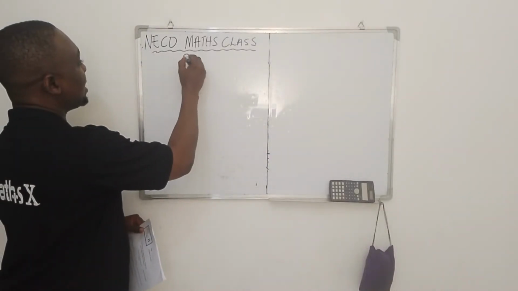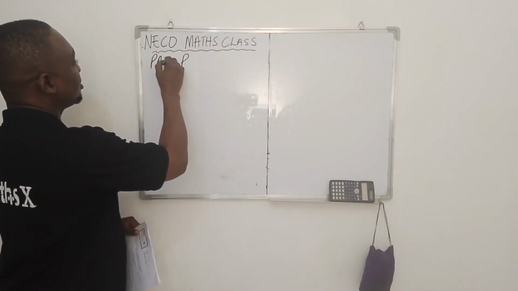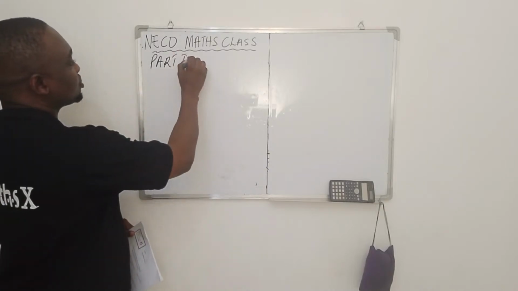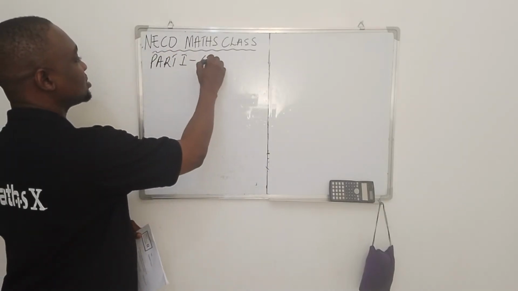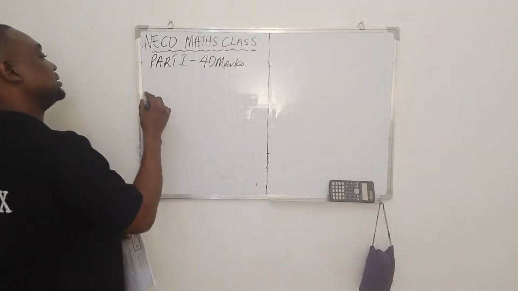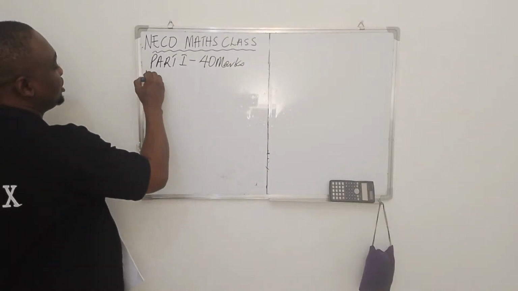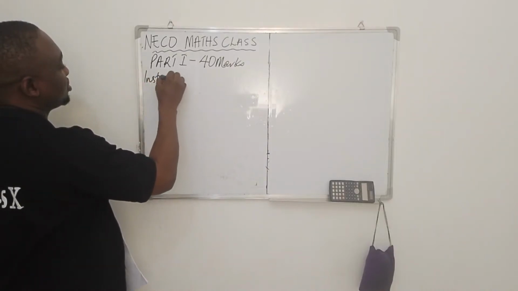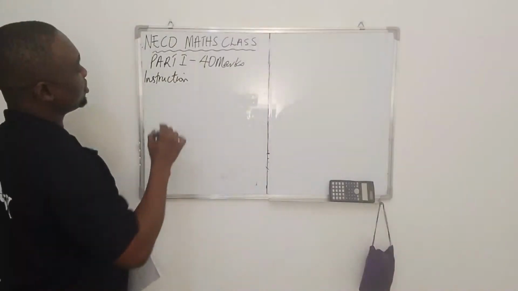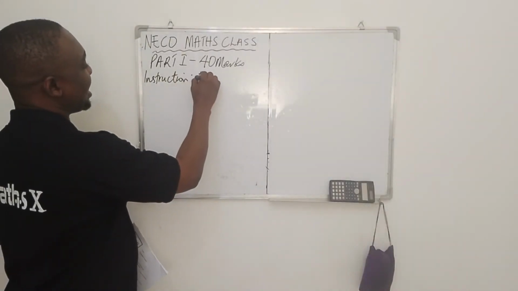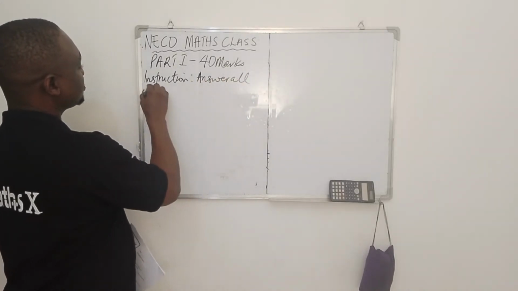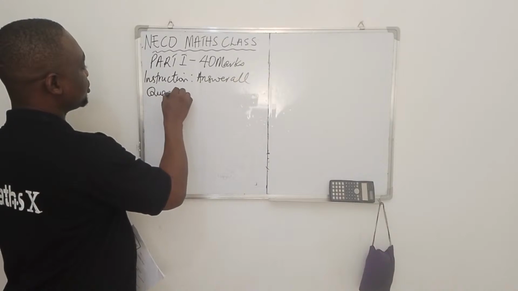For part 1, the part 1 altogether is 40 marks for the taking. And the instruction in this part 1, my dear students and viewers, is: answer all questions.